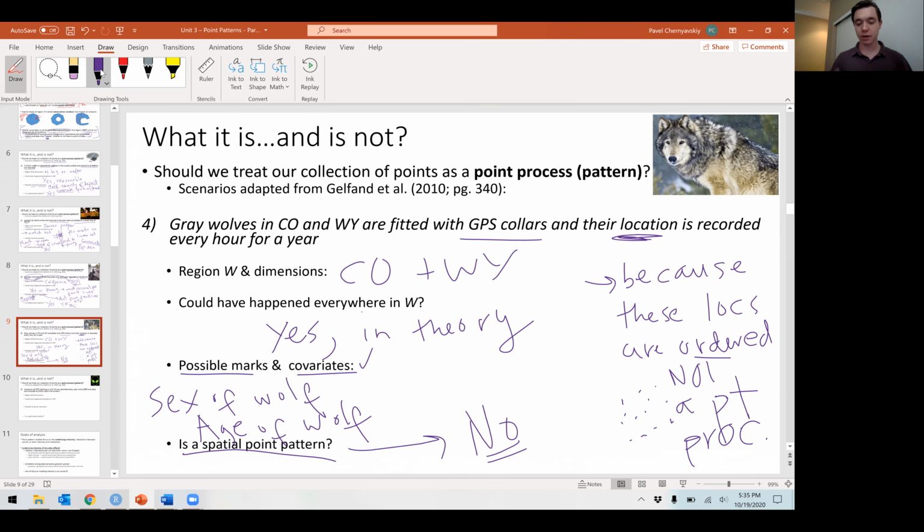Because these locations are ordered, the location of the wolf today would be highly correlated to the location of the wolf yesterday. There's clearly an order to the locations. You cannot analyze them using the point process methods. What if you analyze a lot of animal movement data? That's a whole separate set of methods that are specialized to that particular field and not really in the scope of this class.